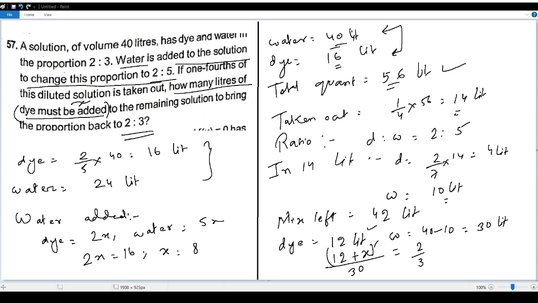If you cross multiply, x is 8, right? So how much dye is added? 8. The answer is 8. Did you understand?